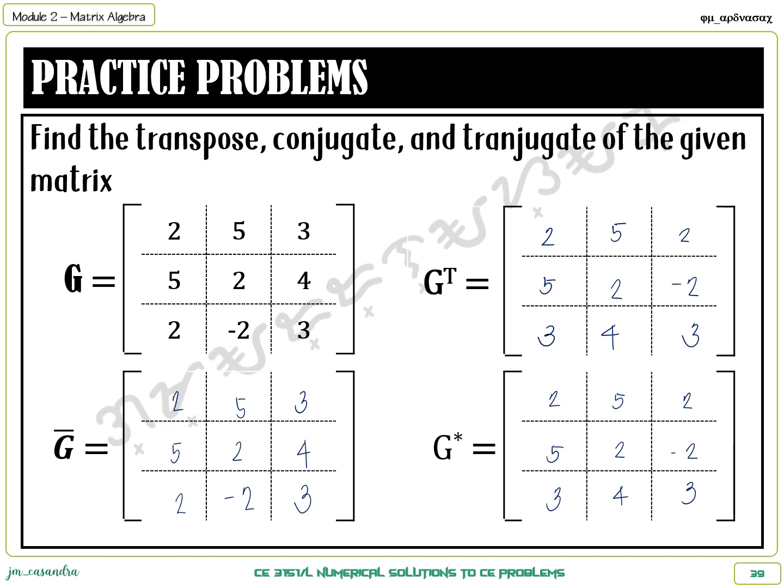So if you're going to notice, if there are no complex numbers in our matrix, then our conjugate is equal to that of the transpose of the matrix. Okay?